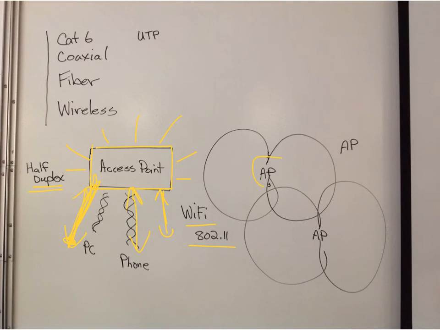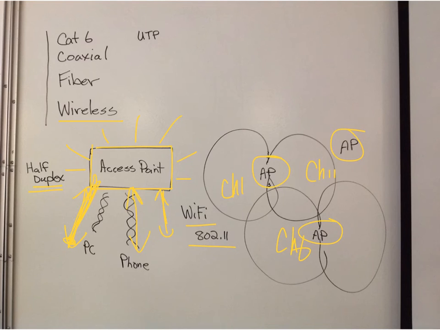Also, we talked about these access points and the antenna, the coverage area, and how you might need to put them on different channels, like channel 1, channel 6, channel 11. So you can organize that so as you add access points for coverage, you can adjust the channels so they're not crossing over.